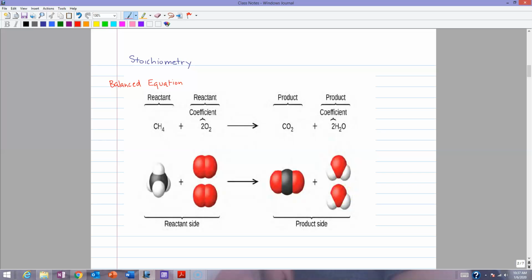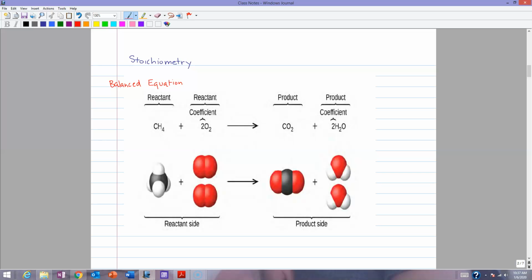So the coefficients tell you how many of the molecule, element, or formula units you have, and the reactants and the products give you the recipe or the ingredients.